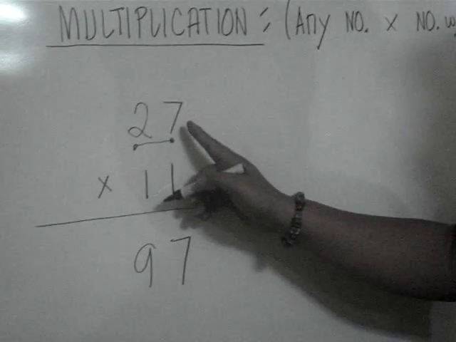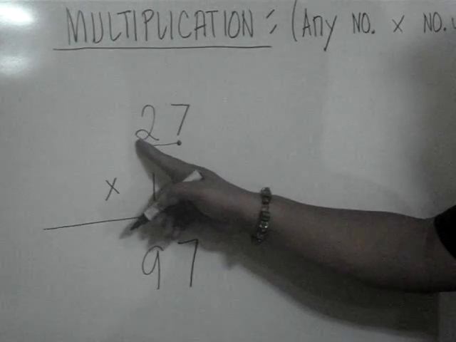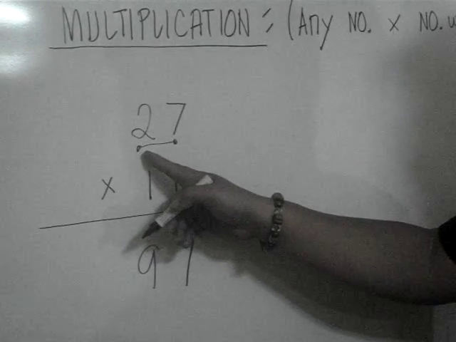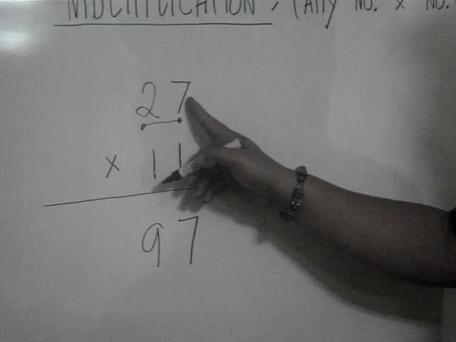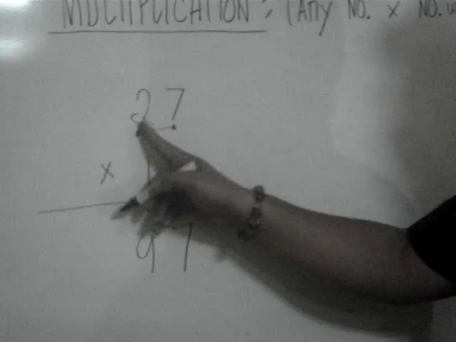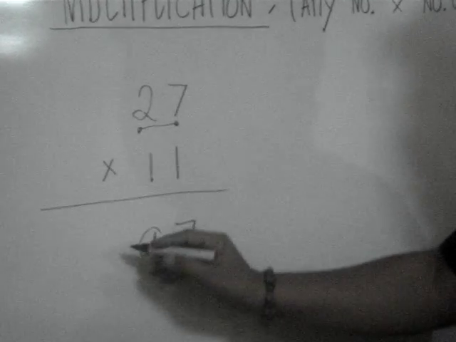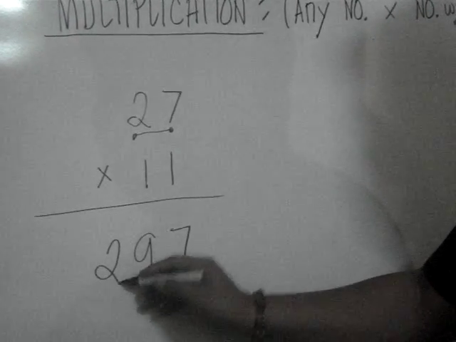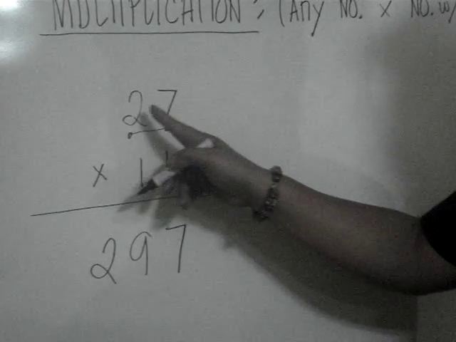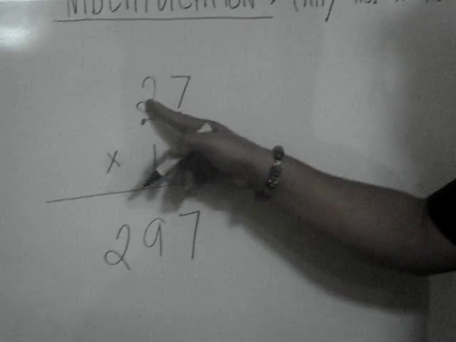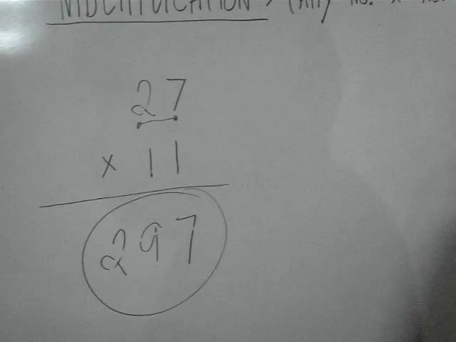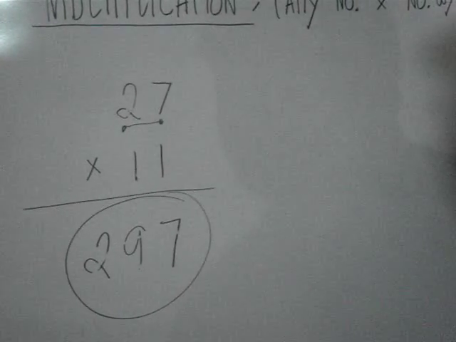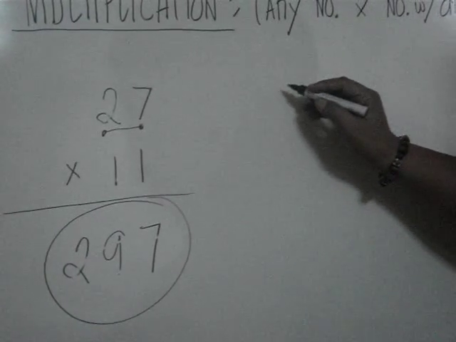Then you have already reached the limit of your digits because we need only 2. After 1, we have 2, then go back to 1. Copy this 2, add it there, then just copy the first one. The answer is 297 with no further simplification.